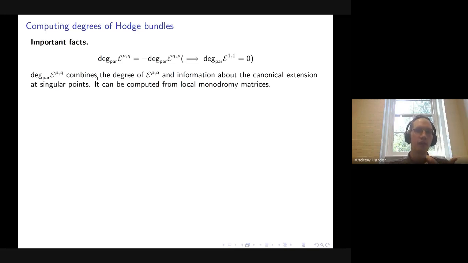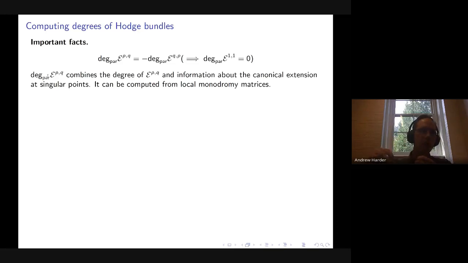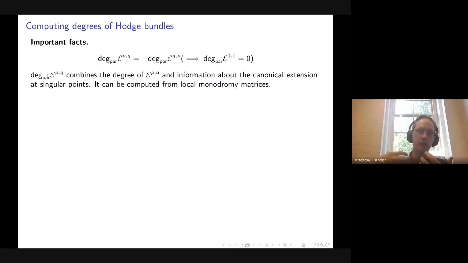So this is actually going to be a possibly rational number. It doesn't need to be an integer. And the rational part just comes in to measure how quasi-unipotent the monodromy around each singular point is. So if I have just unipotent monodromy, this parabolic degree is just degree. But if I have quasi-unipotent local monodromies, then this is going to have some fractional components.